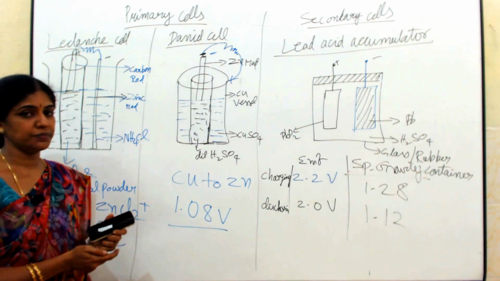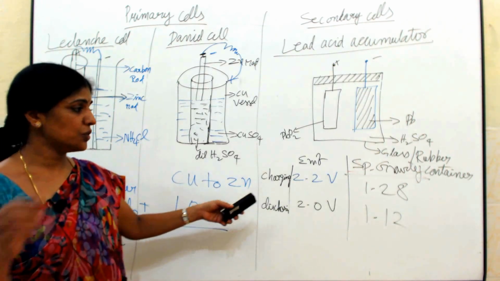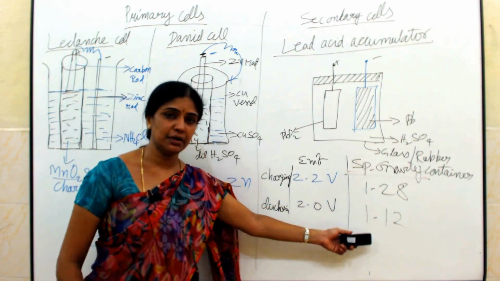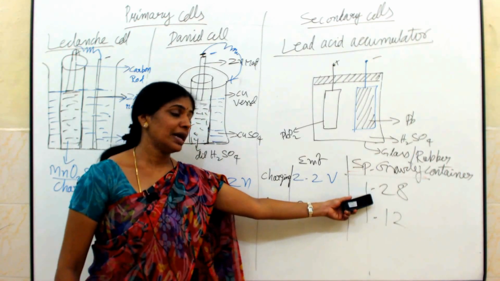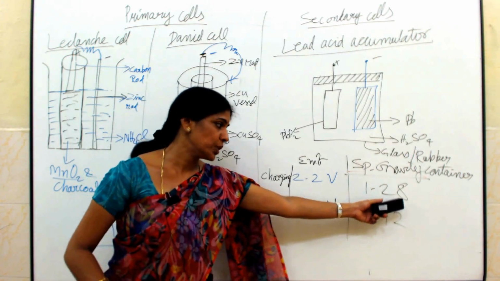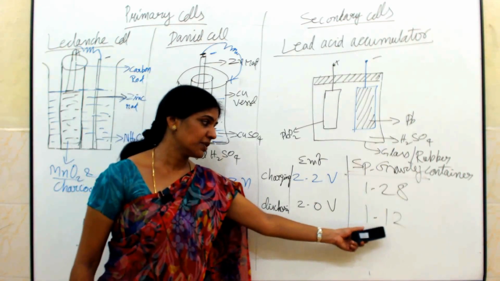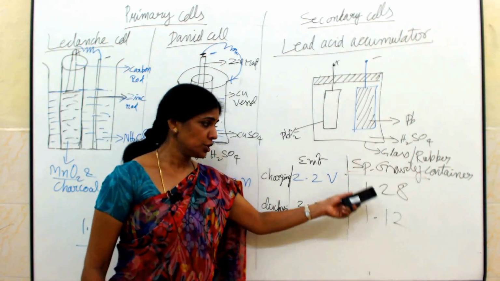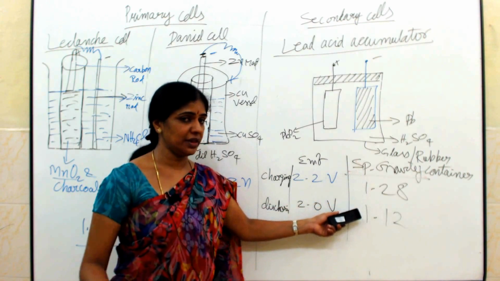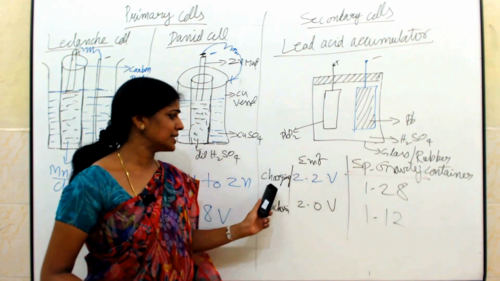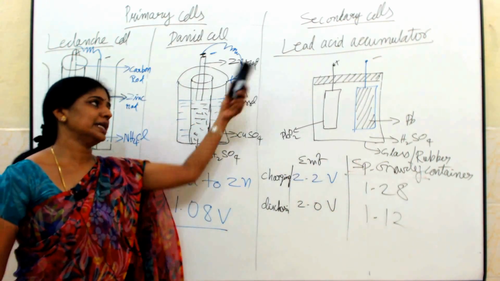It is 1.12 during discharging. So how do you find out whether it is charging or discharging? During charging, its specific gravity should be 1.28. During discharging, its specific gravity should be 1.12. If you monitor the specific gravity, that itself is enough to maintain the lead acid accumulator or any secondary cell.